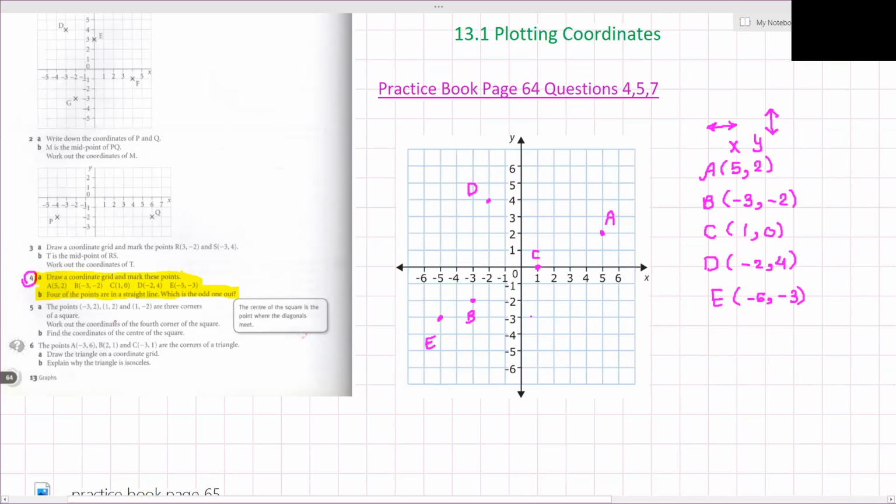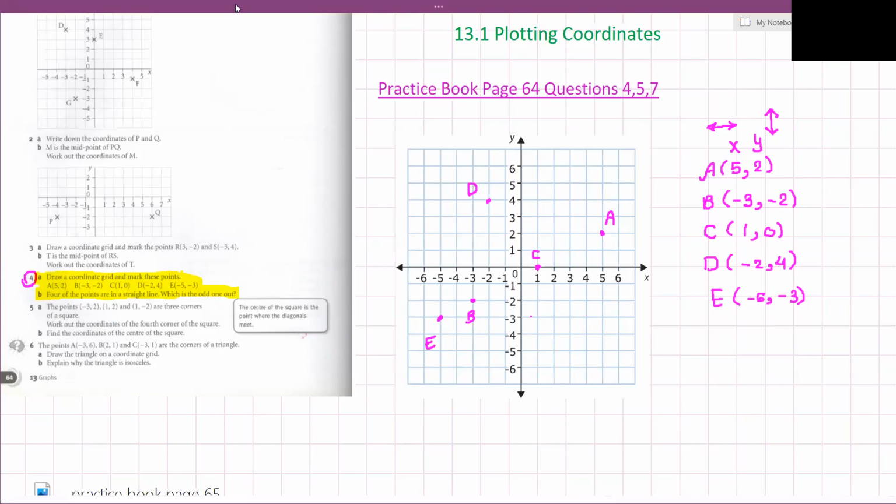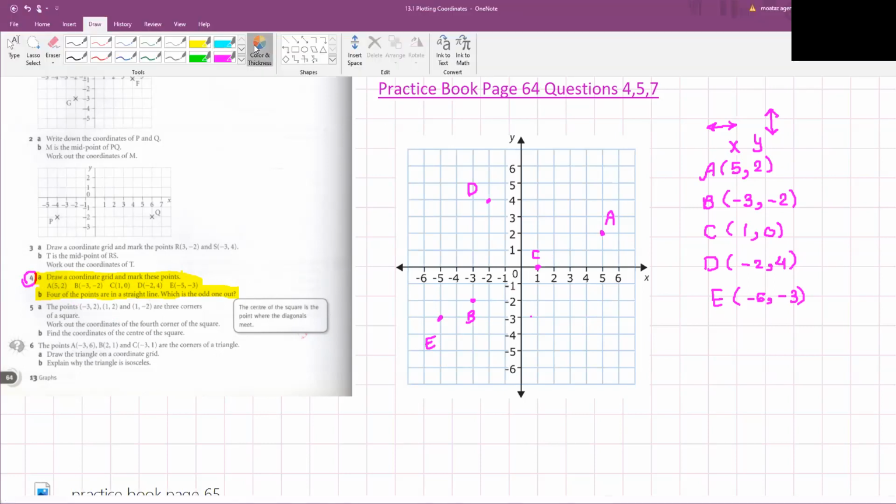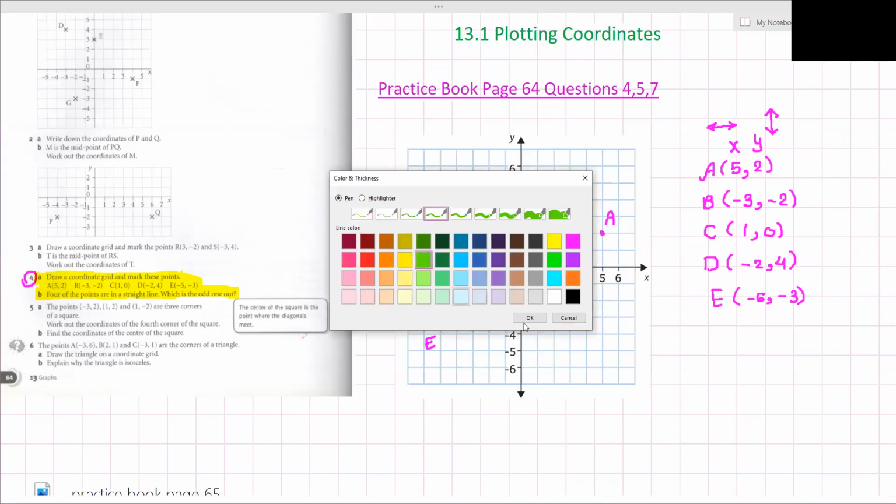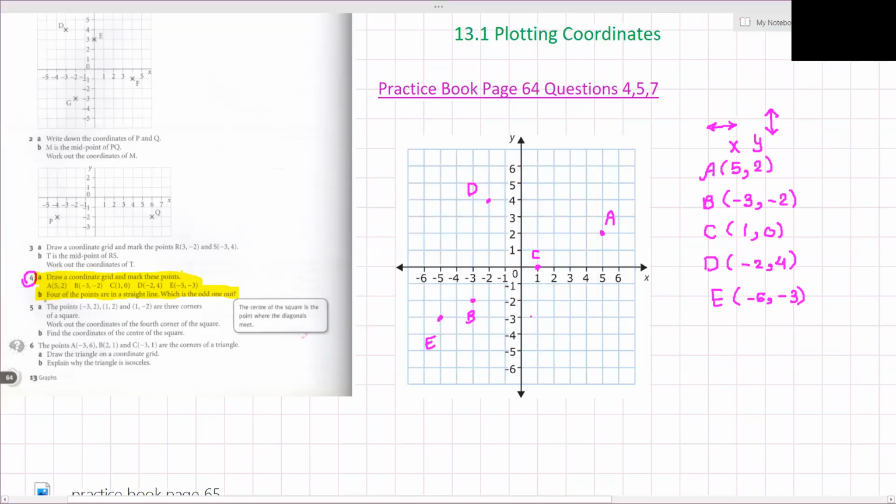He said, draw a coordinate grid and mark these points. We finished already. 4 of the points are in a straight line. It's obvious here that the points A, C, B, and E lie on a straight line. He said, which is the odd one out?